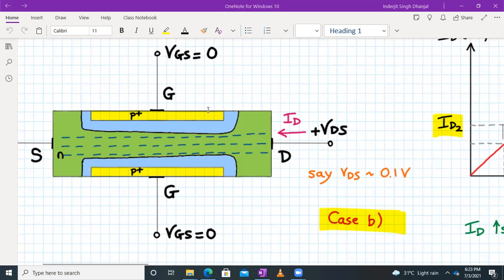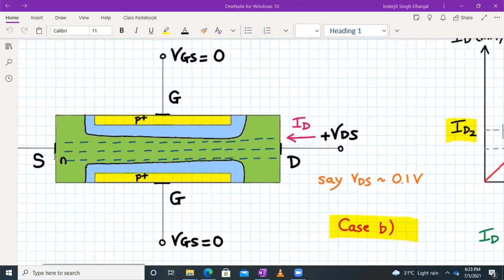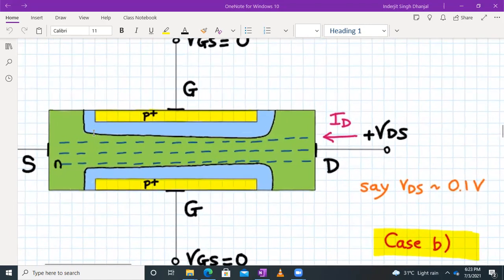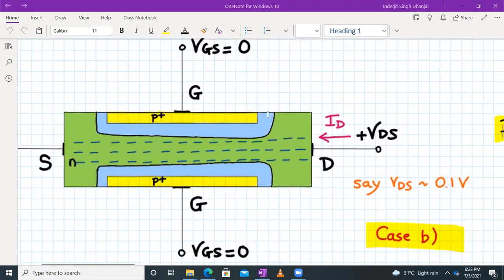So you're reverse biasing the PN junction near the drain and the gate region, whereas the source region is still connected to ground, and the gate is also connected to the ground. So there is no change in the depletion region near the source end. But as you can see, the depletion region is extending further near the gate and the drain region.